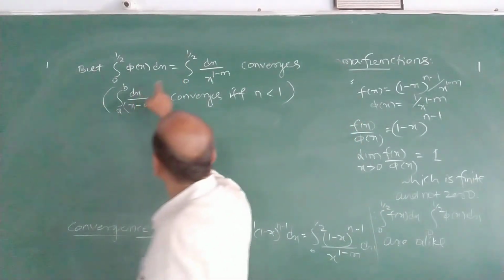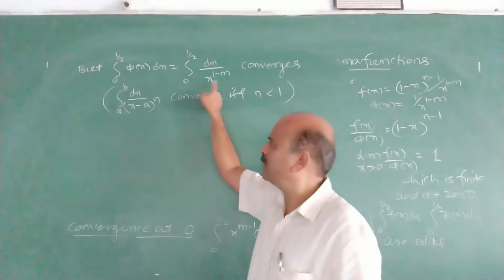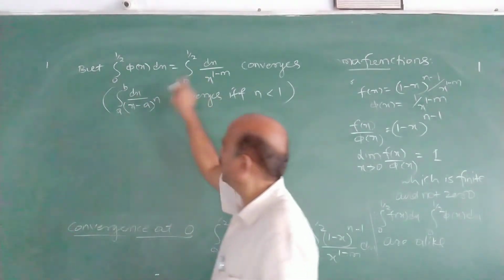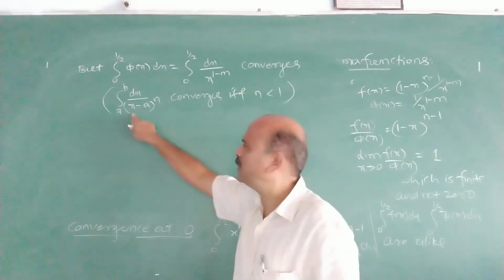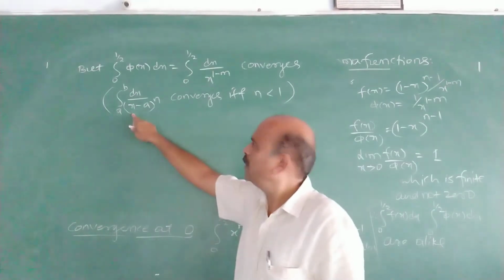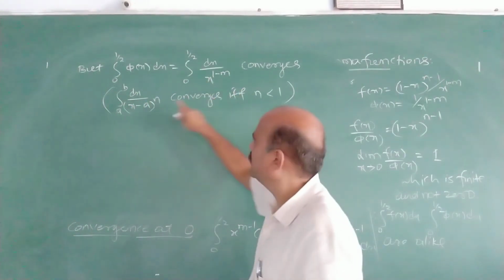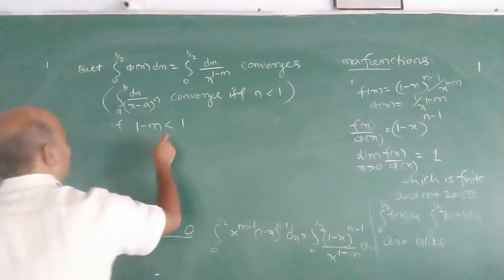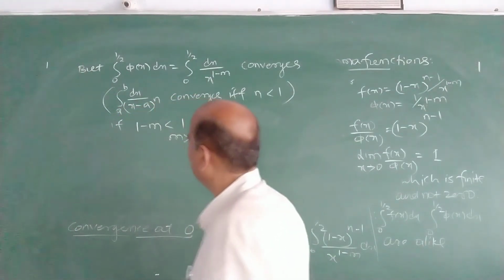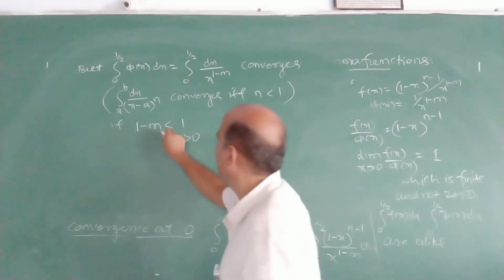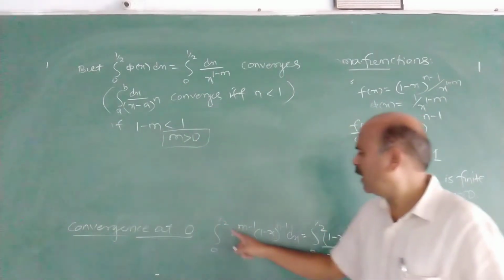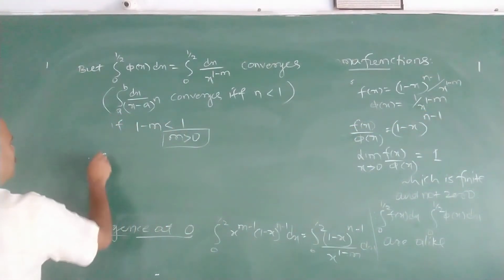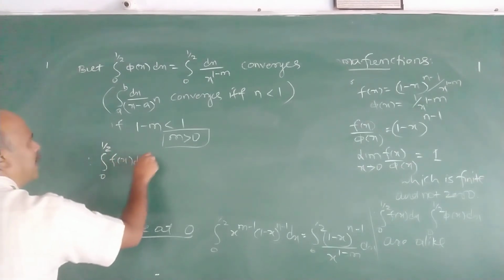Now compare the integral from 0 to half of dx by x^(1-m) with the integral from a to b of dx by (x-a)^n. What do you get? These two are exactly the same. It converges if 1-m is less than 1, that is, m is greater than 0. Transpose it: m is greater than 0. Therefore, what I have taken as f(x) is this.